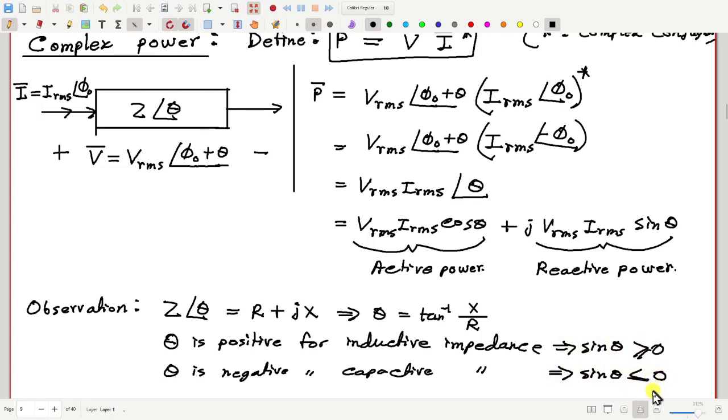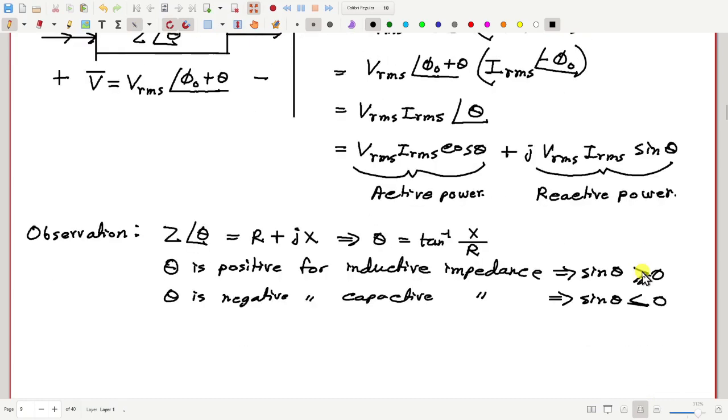So what does that mean? The reactive power consumed by inductive impedance is always positive, and reactive power consumed by capacitive impedance is negative. But when I say it's consumed, it doesn't mean that it is literally consumed overall in an average sense.